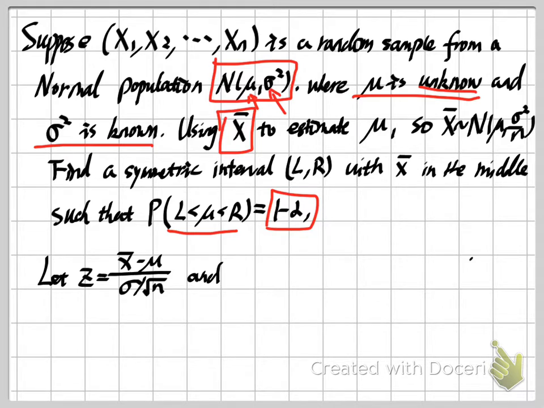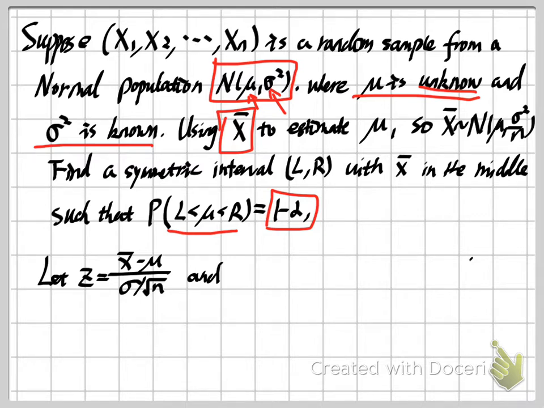If you're confused about why the sample mean follows a normal distribution with mean mu and variance sigma square over n, you should look at our previous videos about linear functions of random variables. I will give a link here.